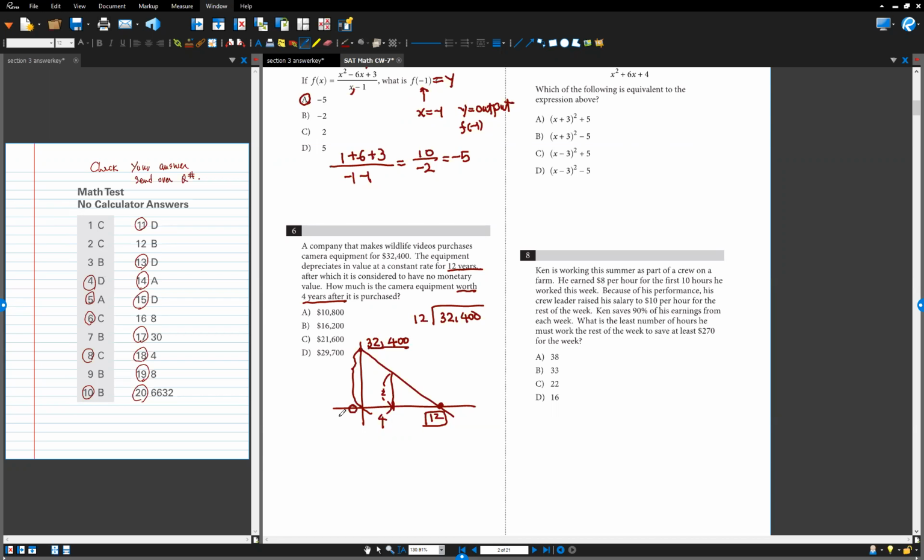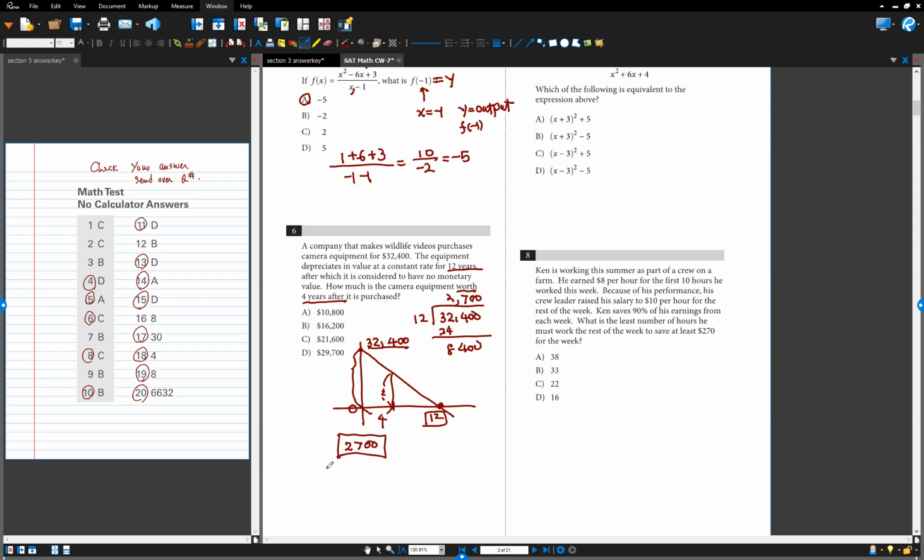This is the total, going all the way to 0 at 12 years. So 32,400 divided by 12 is how much? This is 2,700. So every year it decreases by 2,700.